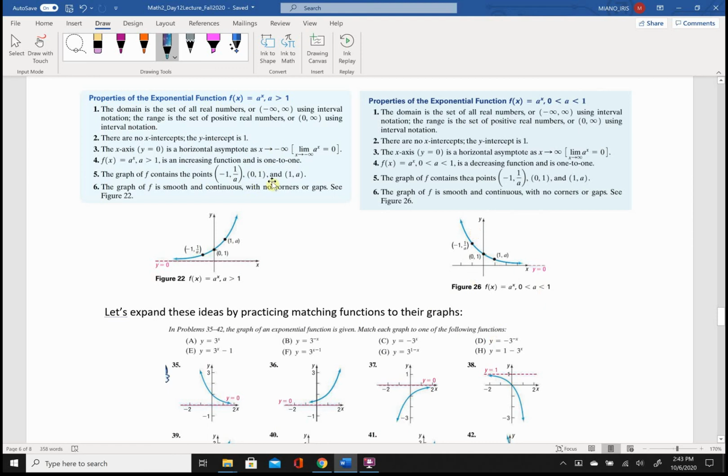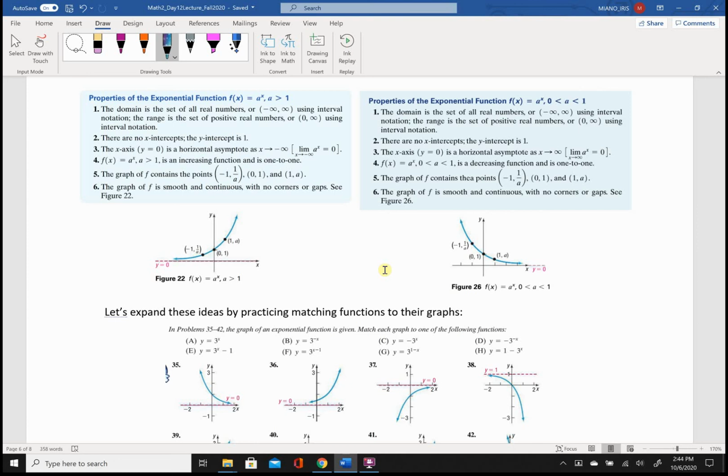So other features that exponential functions have is that they do not have x-intercepts, and they have a y-intercept at 1, provided that they don't have any stretching, or sorry, not stretching. Stretching won't do that. If they don't have any shifting, then it's always going to be at 1.